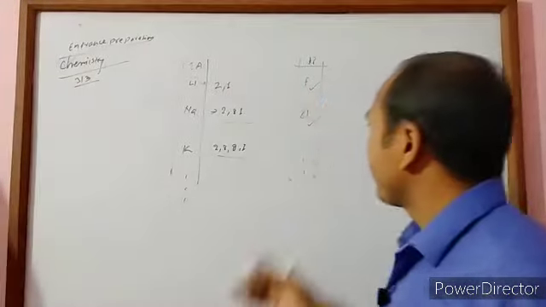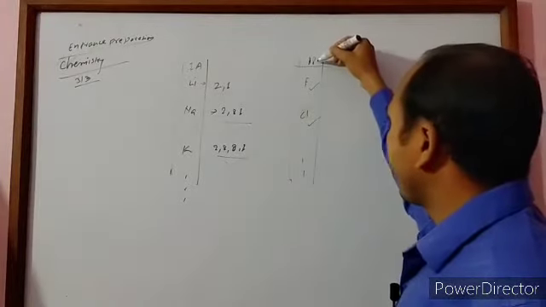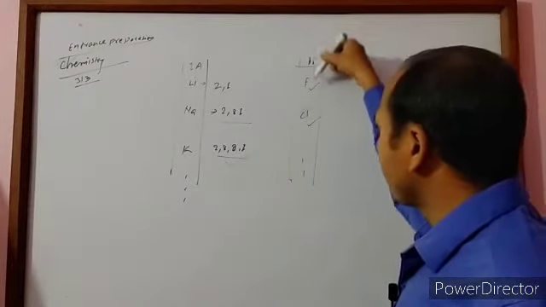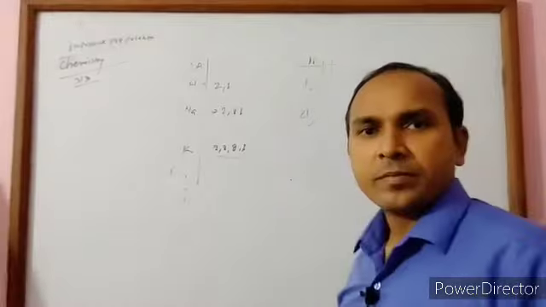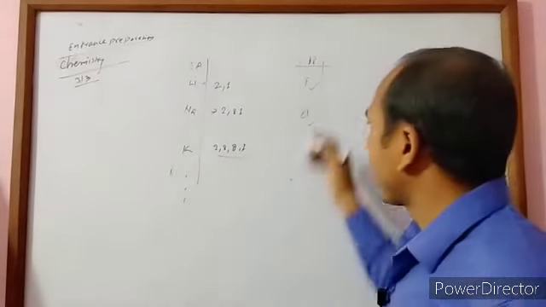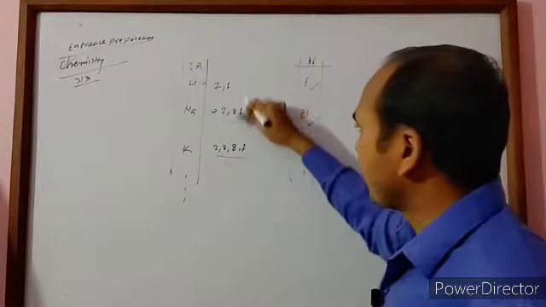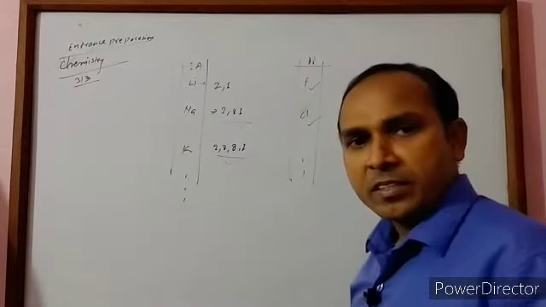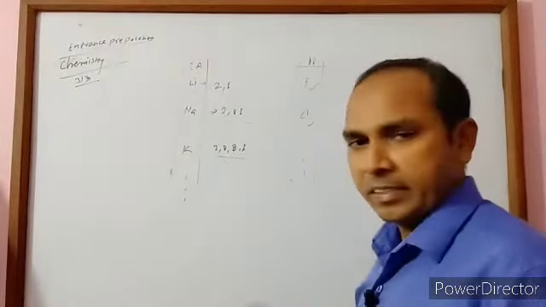Here when we observe, we find that as we go down in a group, the number of shells of the atoms increases, due to which its size increases.